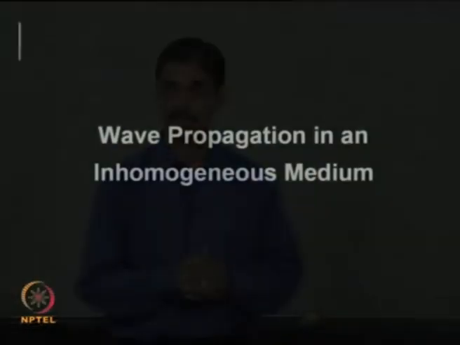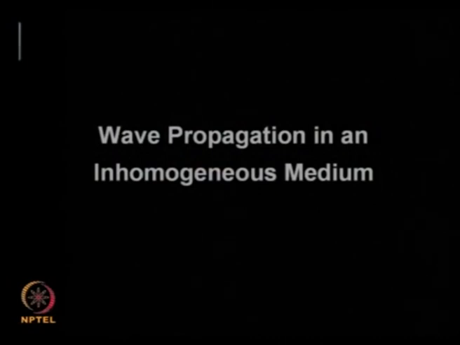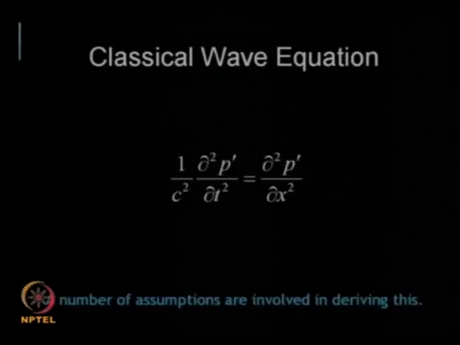So there were questions about what happens when the properties of the medium are non-uniform, and we had derived this classical wave equation under a lot of assumptions. We said that there was no flow, it was a quiescent medium, and the mean values of temperature, density and pressure were constant, and so on.